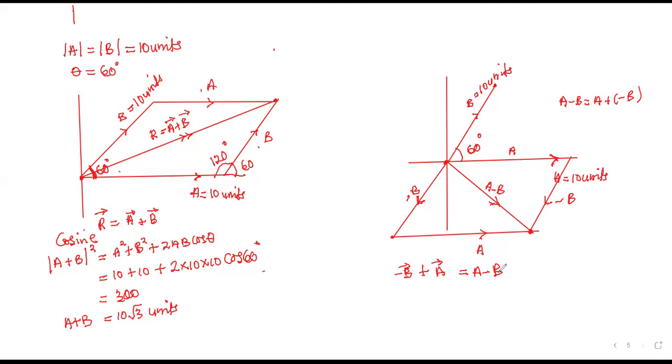Are you okay? So this is the same thing as the resultant. Under this circumstance, how do we determine the resultant? The resultant can be obtained by the cosine rule because we resolved it into a parallelogram.